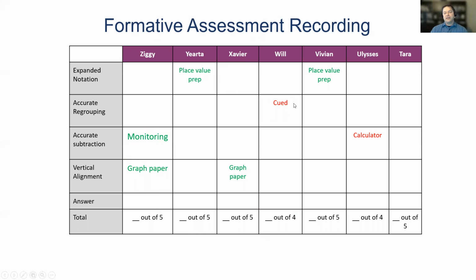This approach allows you to give specific feedback to students based on what they need. It also allows you to focus on a positive. So instead of just focusing on where they're getting it wrong, let's say Vivian here doesn't regroup correctly. We can still focus on what Vivian did correctly and then say the answer is really only 1 step away. So this kind of feedback is helpful.